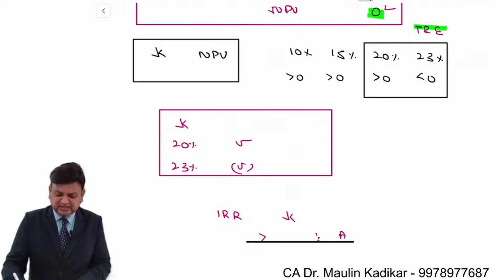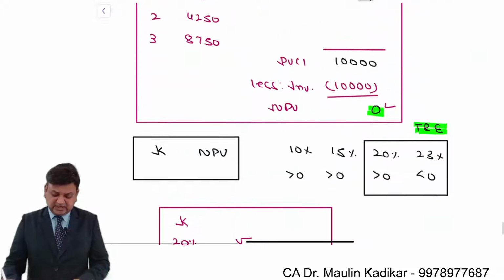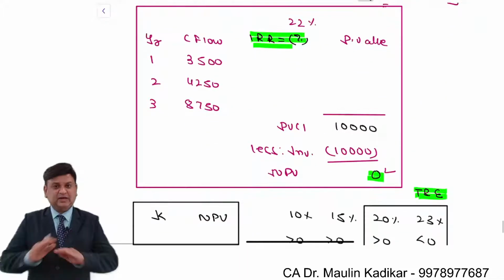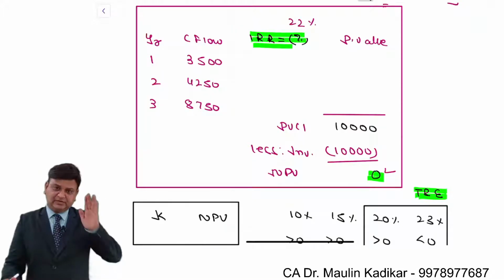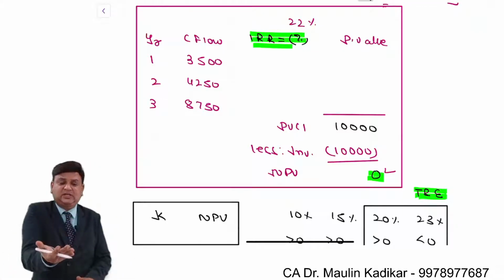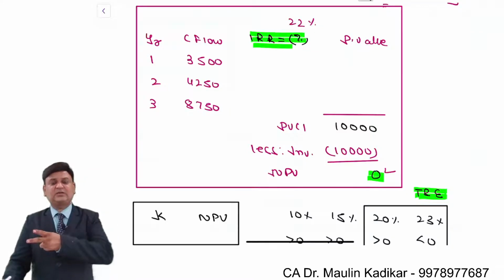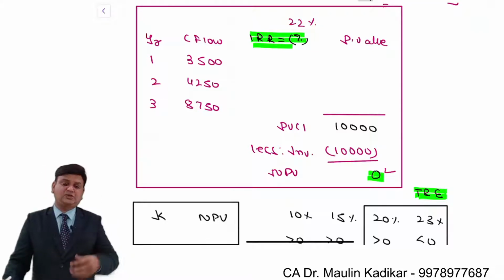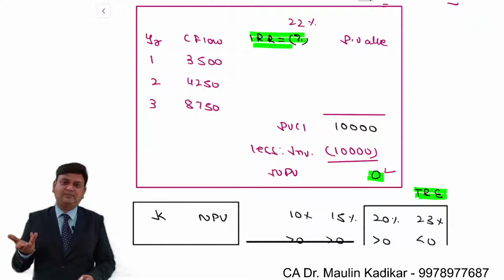Why is it said that it is calculated using the trial and error method? Because basically, over here, we do not have any clue where IRR would be falling. We understand at the rate of 10% NPV is positive, that we already found coincidentally in the first part of the question. Suppose directly the second question is asked, that is calculation of IRR, then even that 10% clue we do not have.